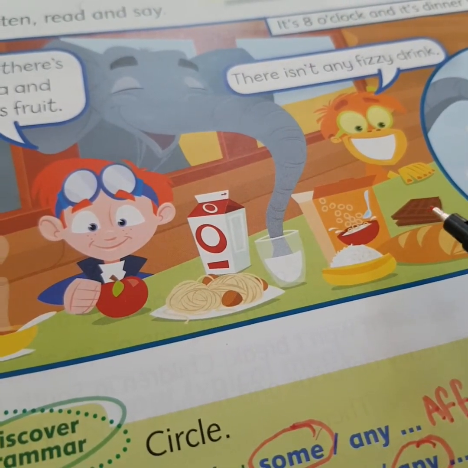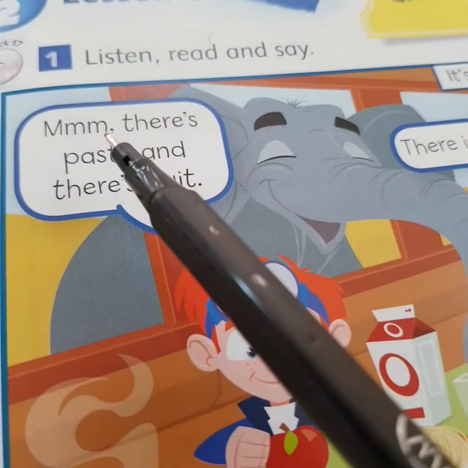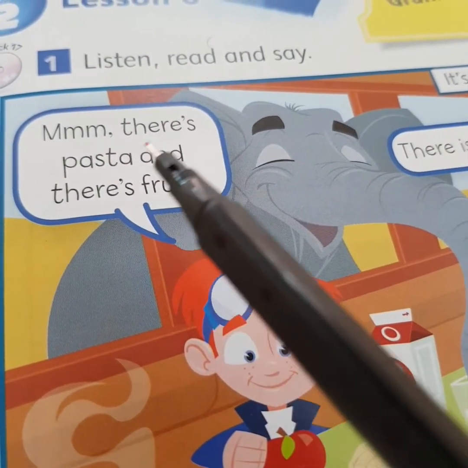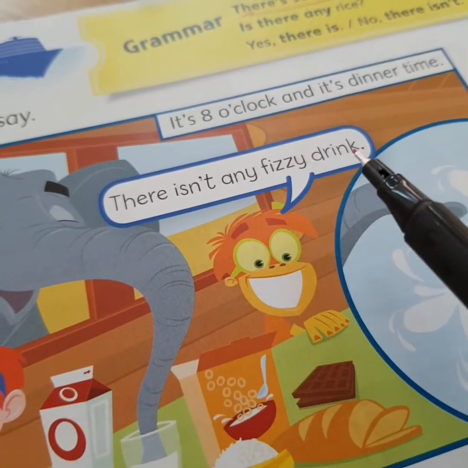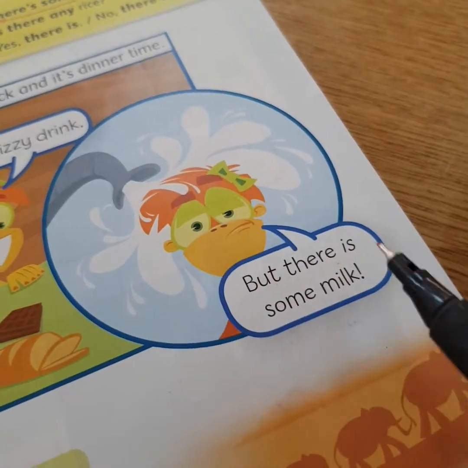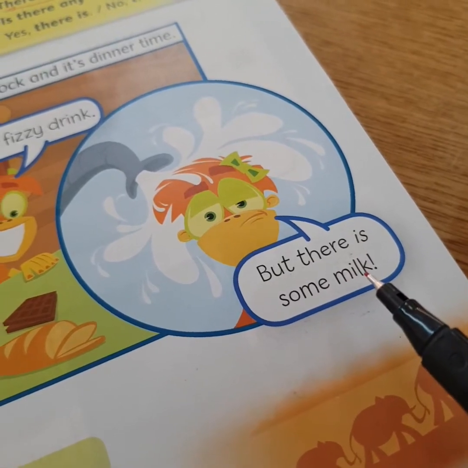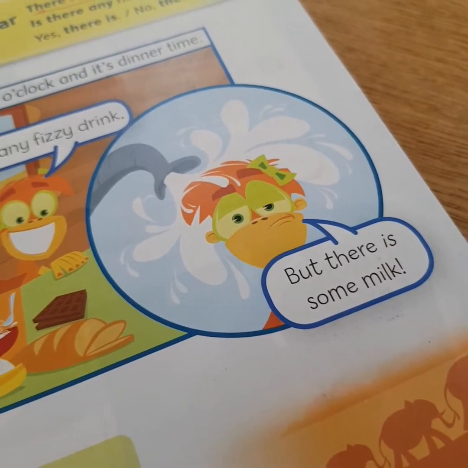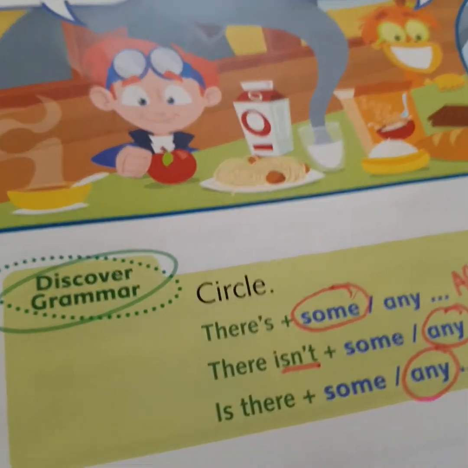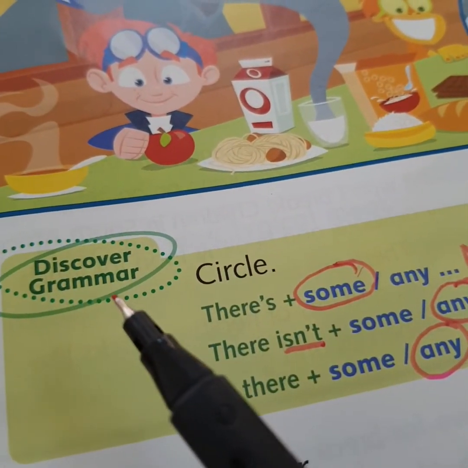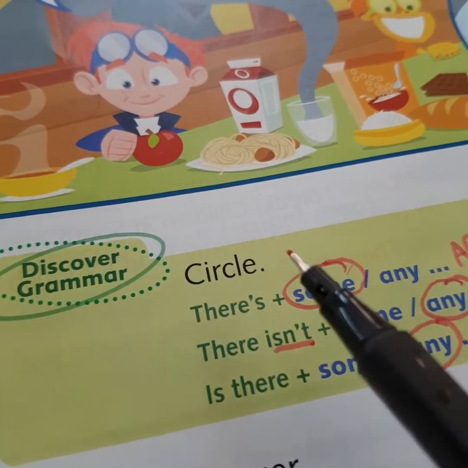Let's read again. There's pasta and there's fruit. There isn't any fizzy drink, but there is some milk. Okay, let's move to discover grammar. Discover grammar. Circle.